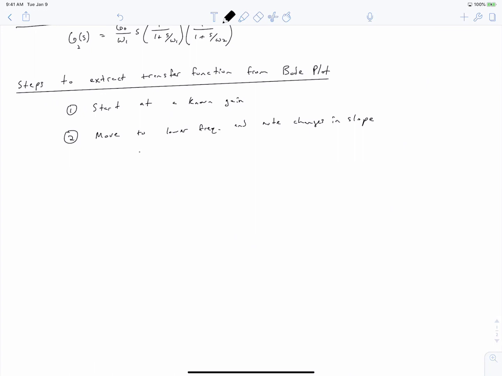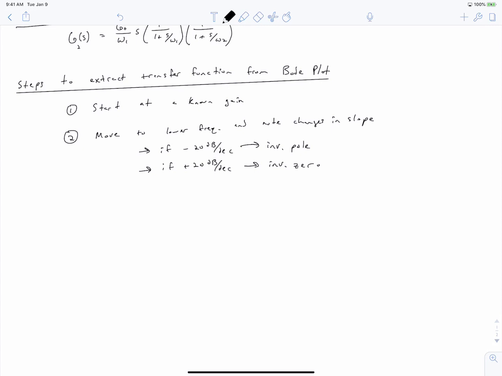And if our slope decreases by 20 decibels, as we continue to go to lower frequencies, we have an inverted pole. If the slope increases by 20 decibels per decade in the positive direction, then we have an inverted zero.